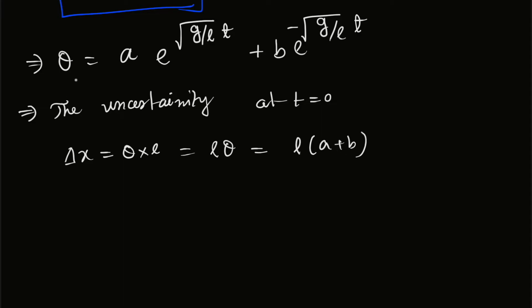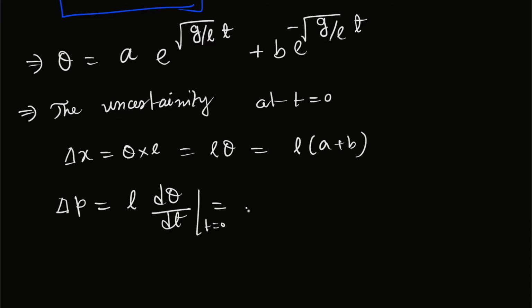Let us calculate the momentum uncertainty. Δp is equal to m L times dθ/dt, at t equal to 0.